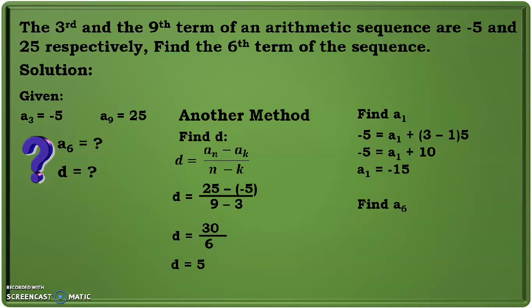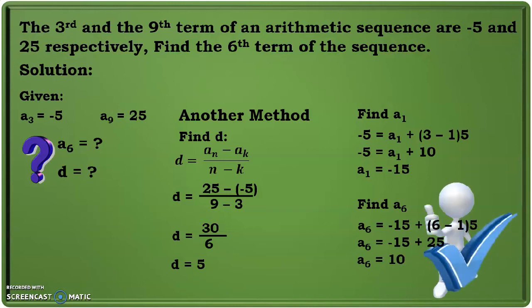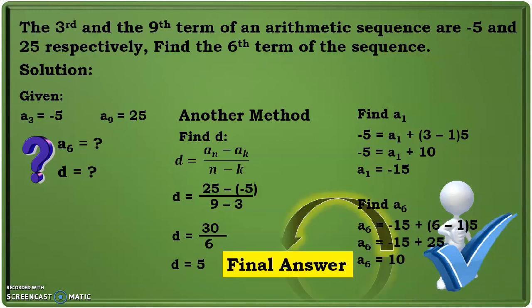Then find a sub 6 since we have already the first term. So a sub 6 is equal to negative 15 plus the quantity of 6 minus 1 times 5 equals negative 15 plus 25. Then therefore the sixth term is equal to 10. That's the final answer.